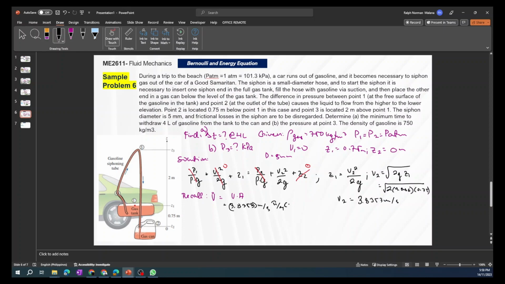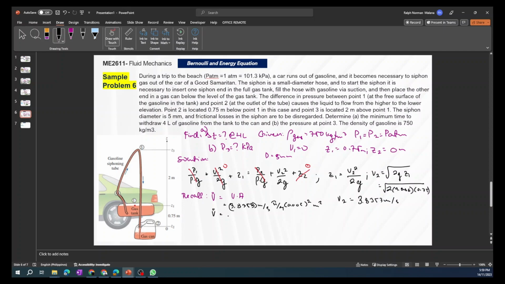So there we go, that's 0.005 squared, and the volume flow rate is equal to 3.8353 times pi over 4 times 0.005 squared. That's going to be in meter squared times meters per second, so meter cubed.